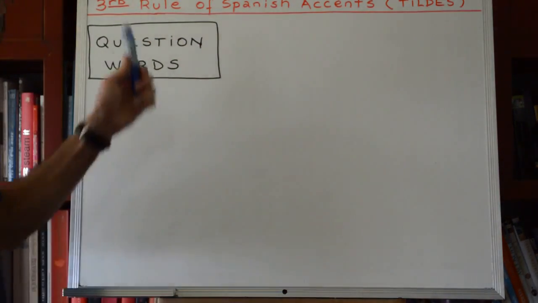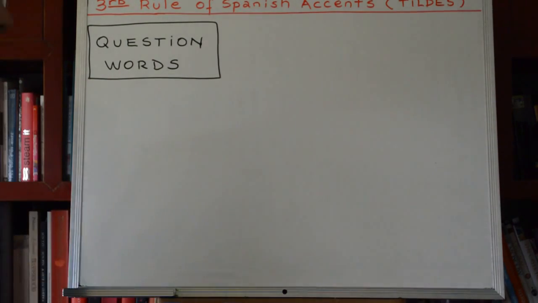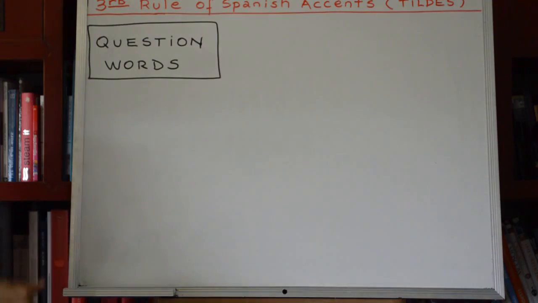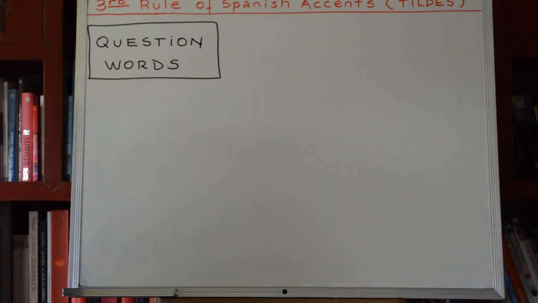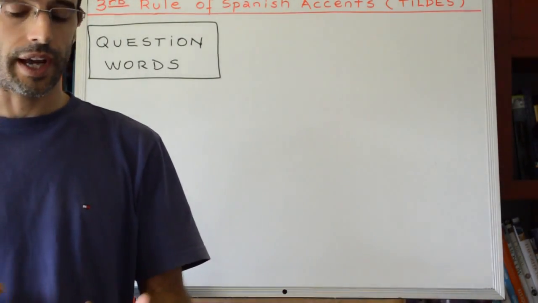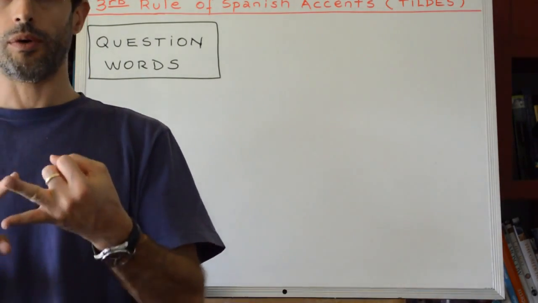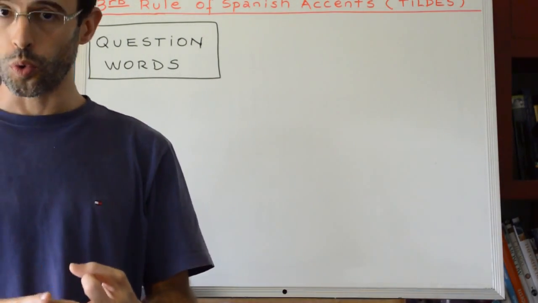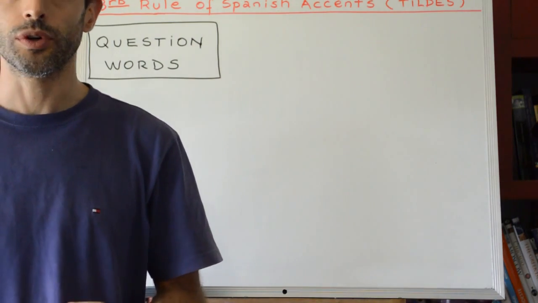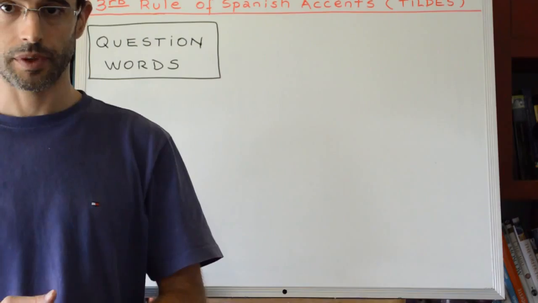Okay, third rule of Spanish accents. When do we have a Spanish accent in addition to the other two rules we have previously learned? Question words. Those question words in Spanish we have learned, like por qué, why, cómo, how, quién, who, cuándo, when, dónde, where, okay?